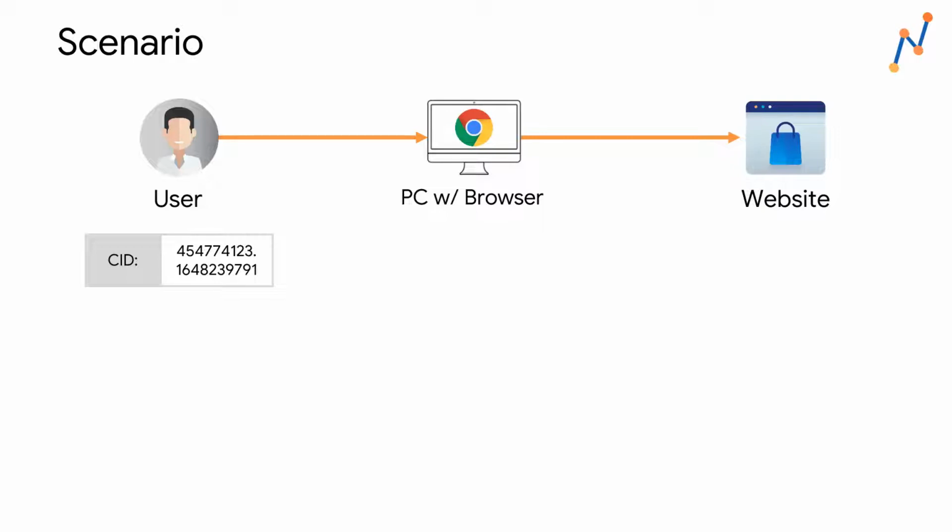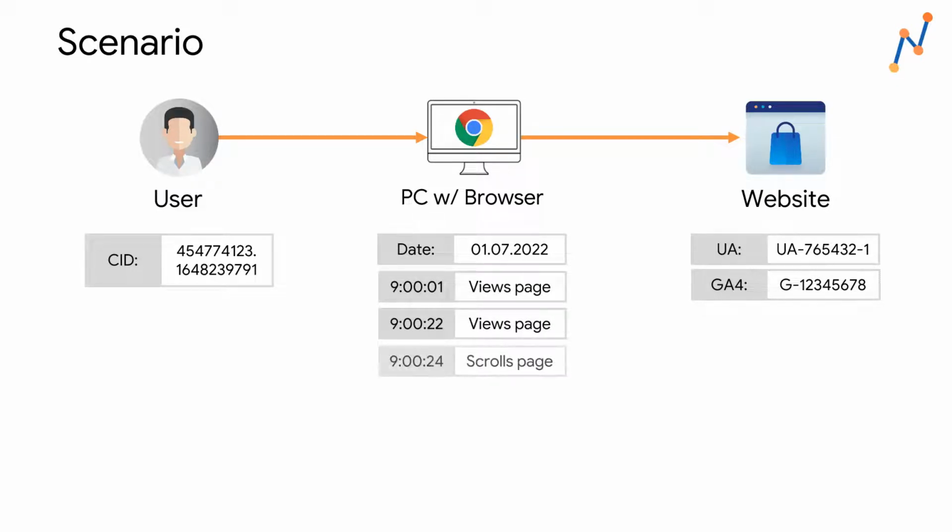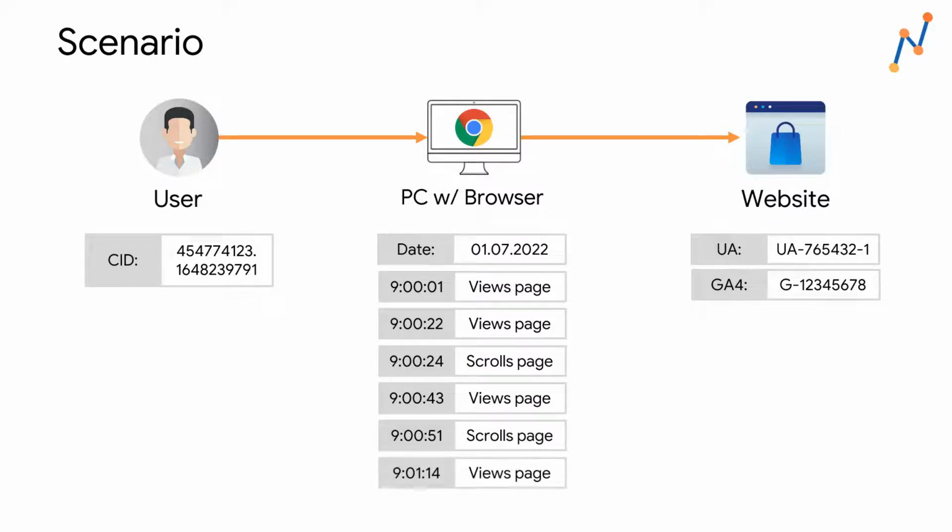Since the website in this scenario is tracked with both, there's a tracking ID for Universal Analytics and a measurement ID for GA4. So let's say the user has opened the website's homepage on July 1st and then exhibits the following behavior. He visits a page, then clicks on another page, scrolls down that page, then opens another page, also scrolls down that page, clicks on another page, and finally buys a product.